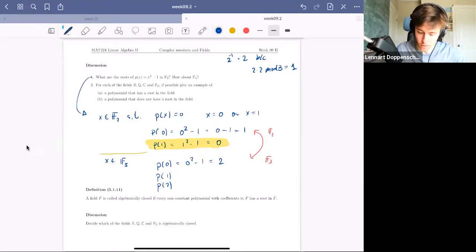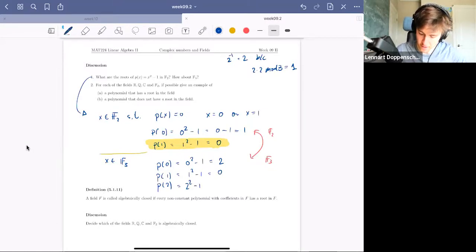Regardless, it's not 0. If we have p of 1, then this is 1 minus 1, which is still 0. But p of 2, and now we have to actually use this table, or just remember that 2 squared in F3 wasn't 4, but modulo 3, it is 1.